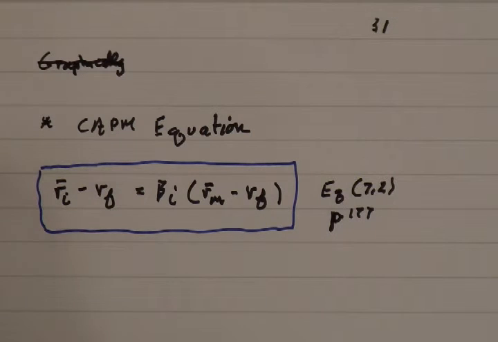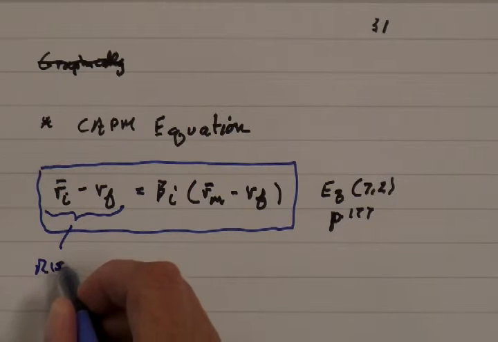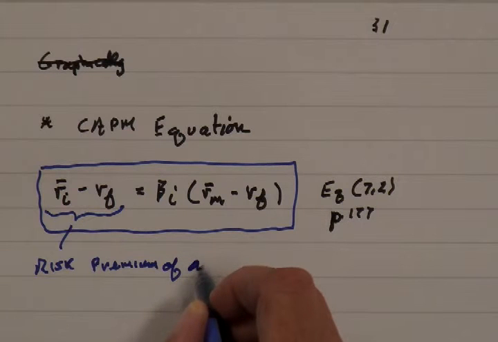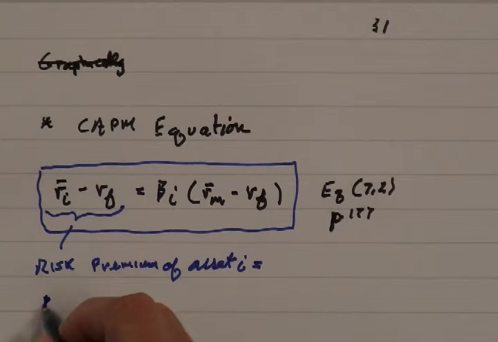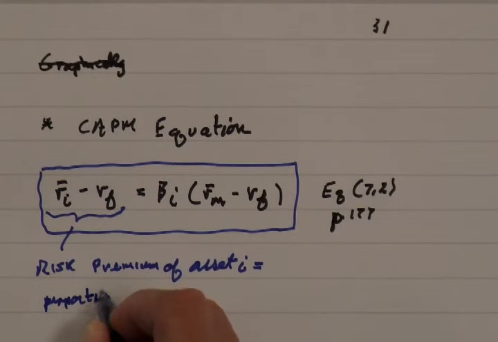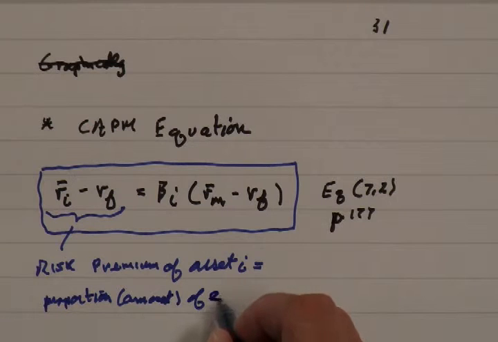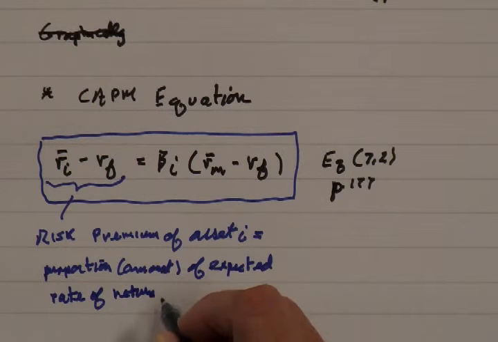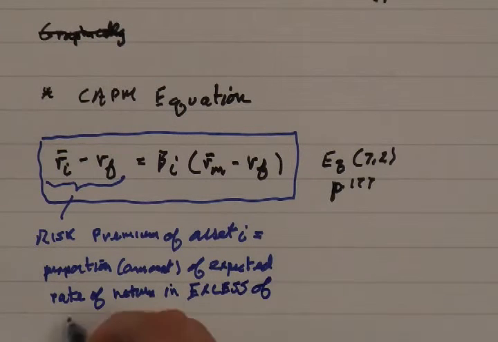Okay, and if we look at this, what do we see? This is the risk premium of asset I. And what that equals is the proportion or amount of the expected rate of return in excess of the risk-free rate.